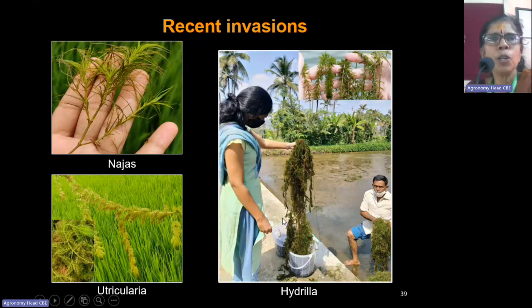Every year they are trying to remove it, spending thousands of rupees. They said about 30,000 rupees are spent every year to remove it, because the devotees are not able to enter the pond, as it entangles between the legs. You cannot swim. The value of the aquatic system is lost.